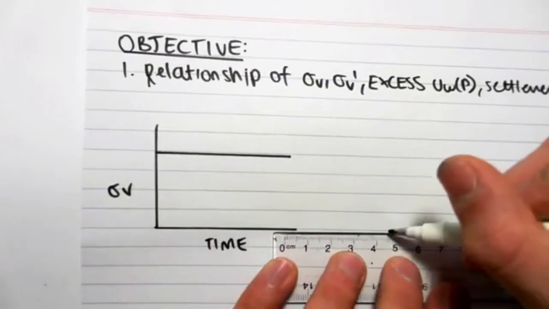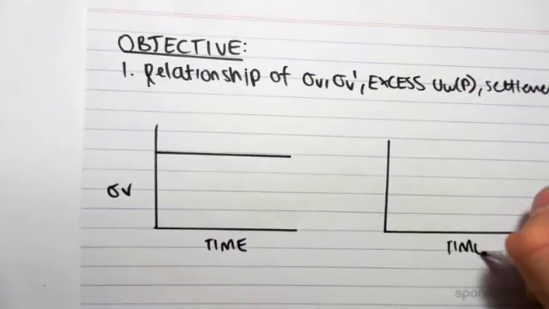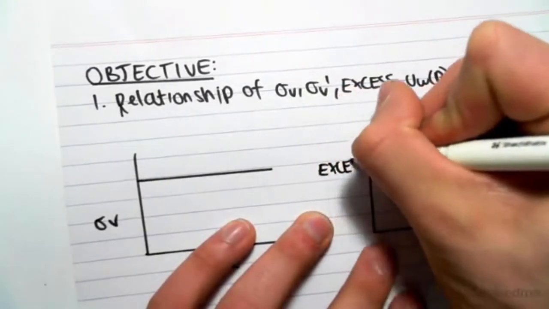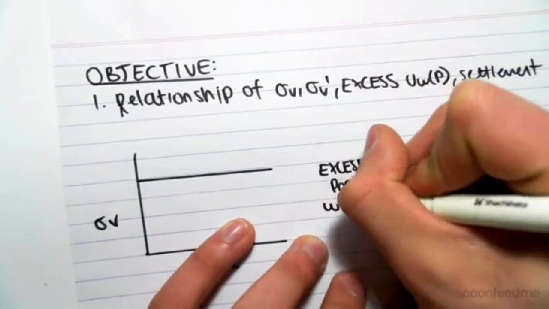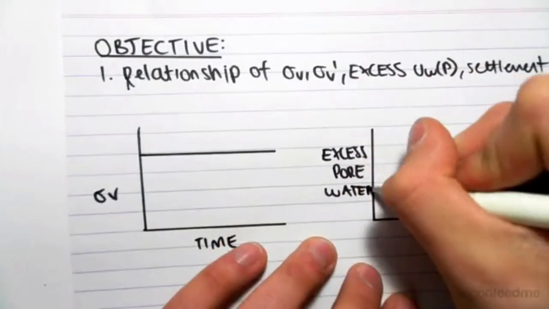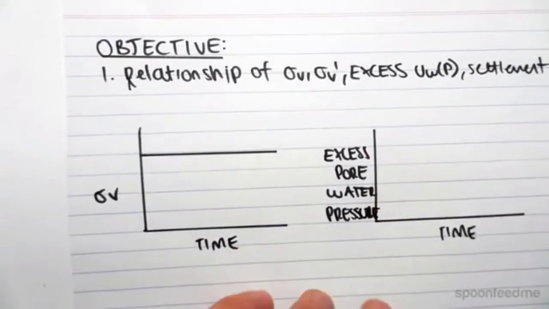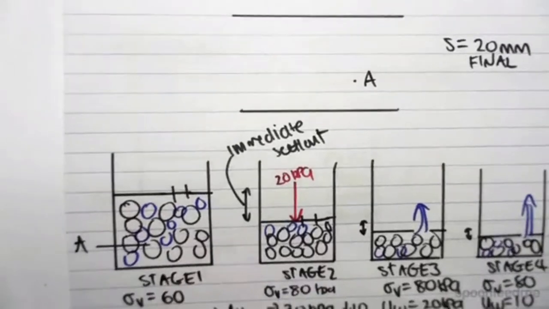The time against excess pore water pressure. So this is not pore water pressure, it's excess pore water pressure. So excess pore water pressure. So as you can see, at a particular time we get a maximum pore water pressure.